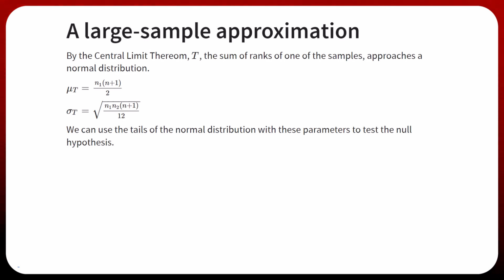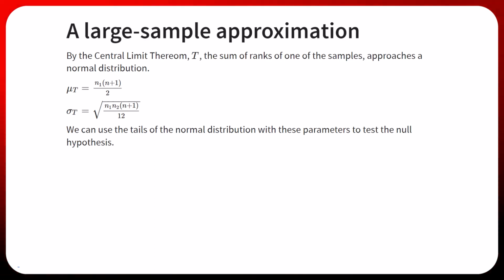The mean is going to be N1, the smallest sampled sample size, times N, the total sample size plus 1, that product divided by 2. That will be the mean. The standard deviation is the square root of the product of the two sample sizes times the total sample size plus 1, all that quantity divided by 12.